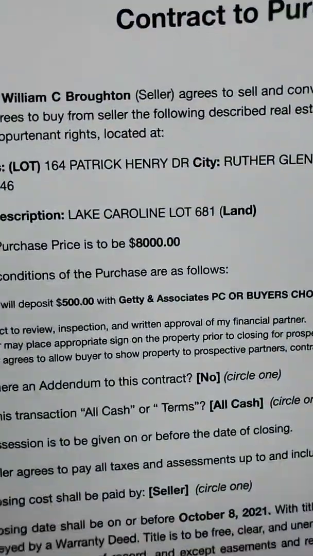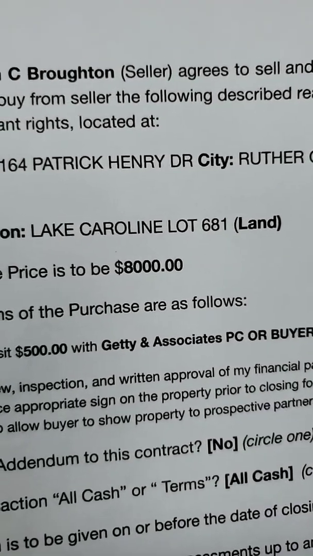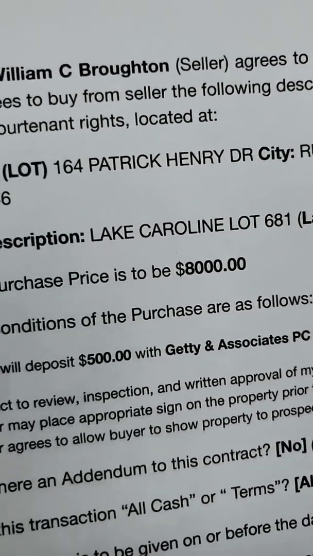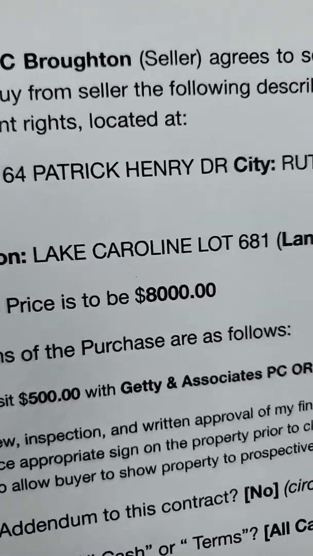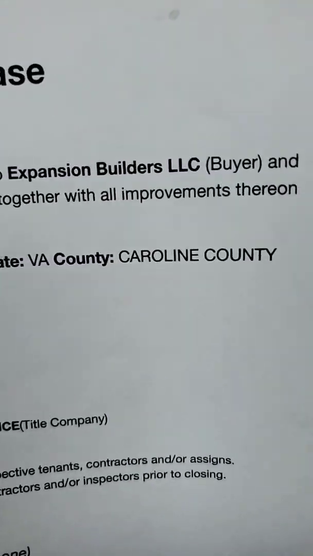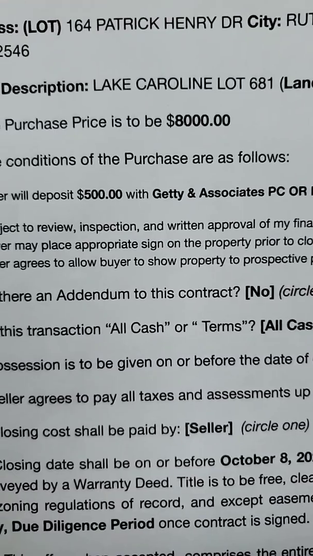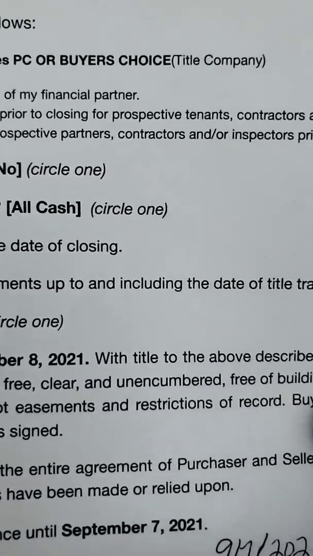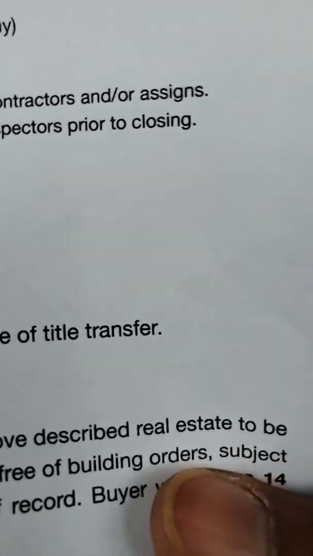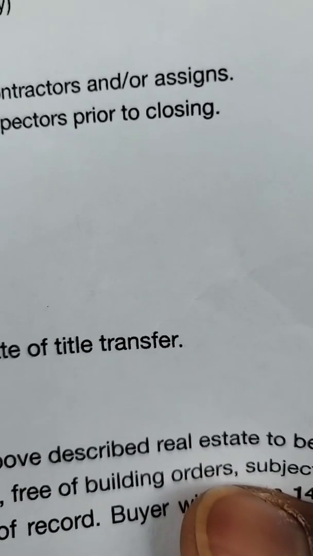I bought this property at $8,000. This is what I purchased it for. This is me buying it from the seller here, at this price, right? For $8,000. Remember that word right here, assigns? It's very key to see it, assigns, right?